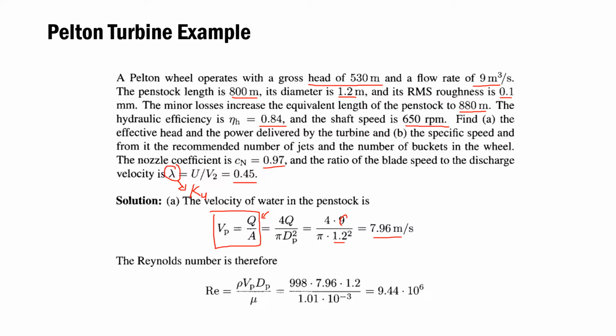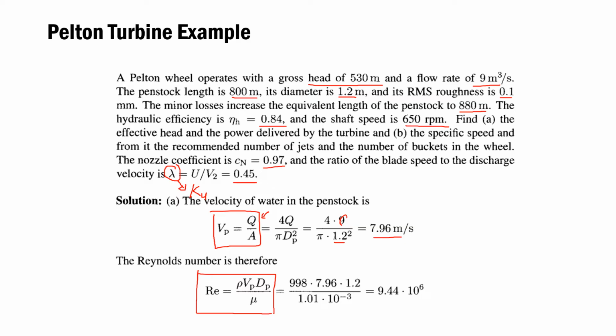And here we want to calculate the Reynolds number because we want to get the friction factor inside the penstock. I believe you have encountered the Reynolds number equation so many times in fluid mechanics classes.